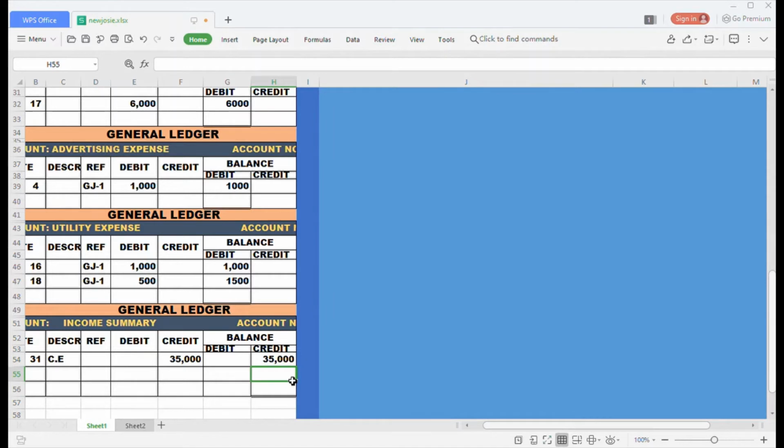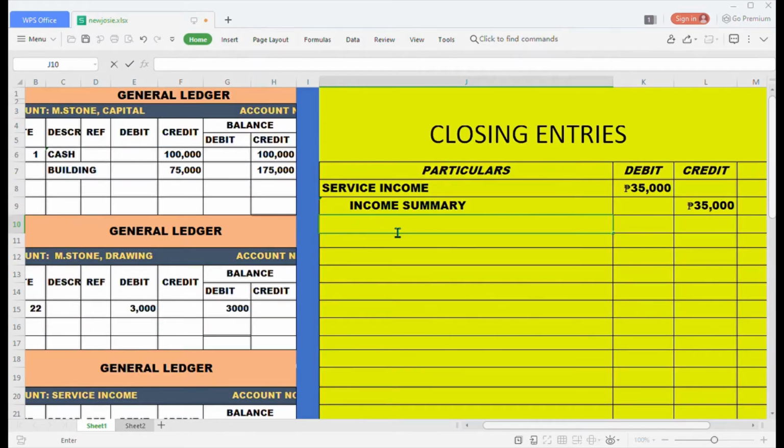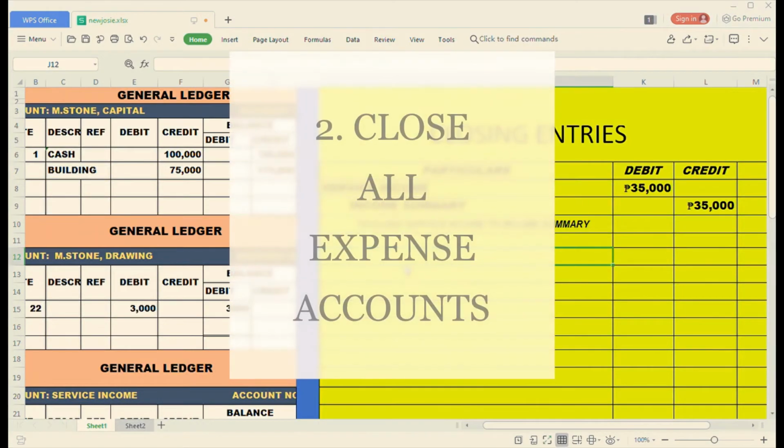Sa madaling salita, transfer lang natin yung amounts service income to our income summary para ma-close na yung service income account natin. Explanation: to close service income to income summary.